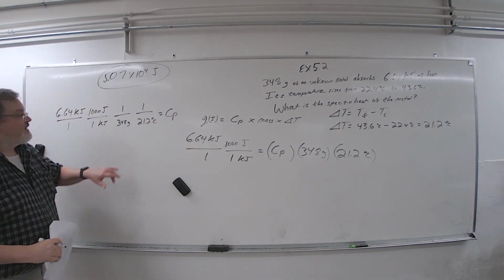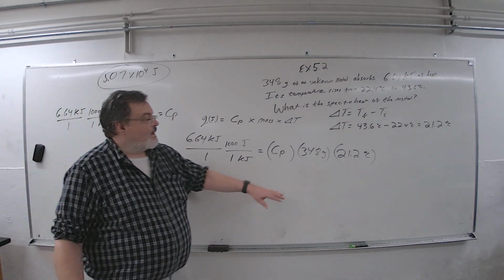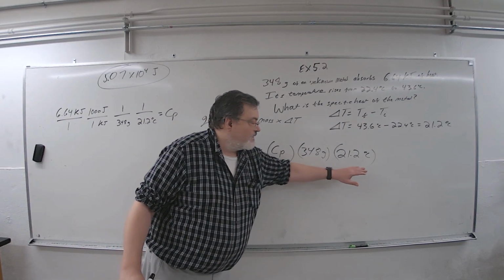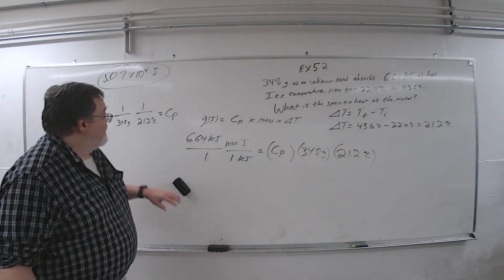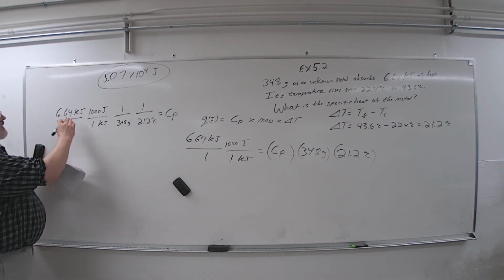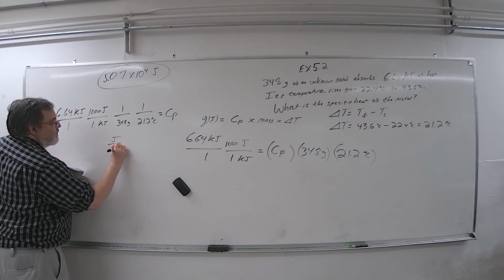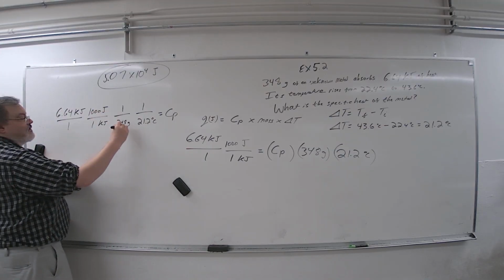So I just divide both sides by these two things. Divide this side by 348 and divide this side by 21.2. That's what these are. And then you solve for Cp. You'll notice kilojoules cancels and you're left in joules per gram degree C.